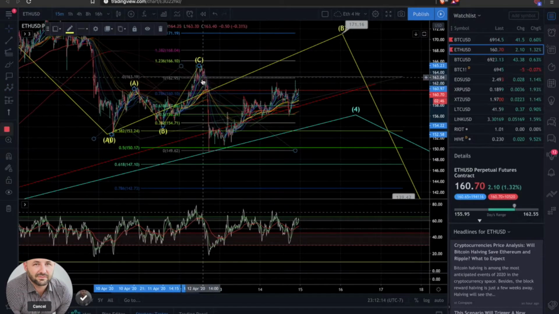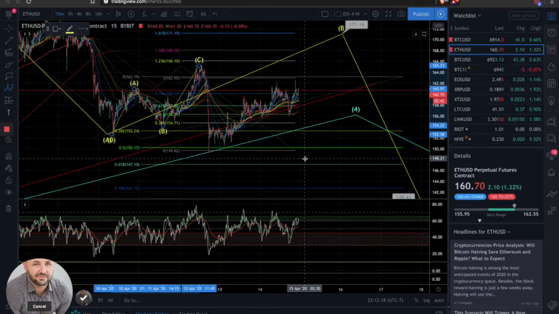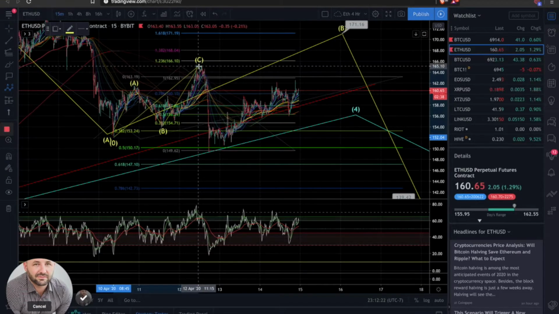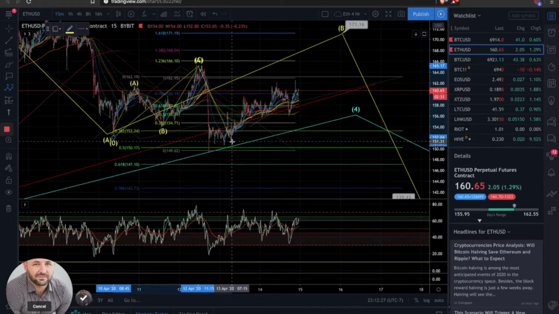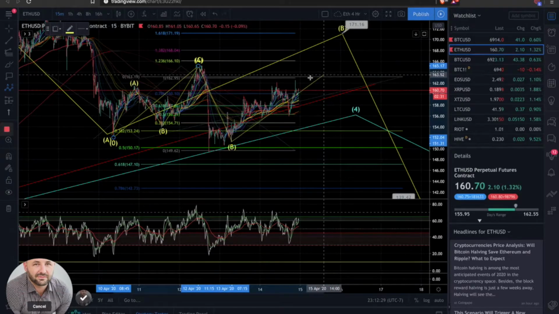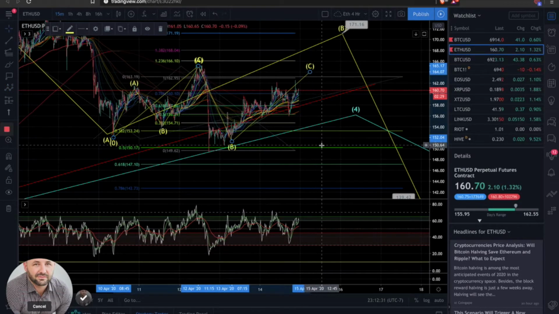And then we have a 5-wave move down. So a couple of different ways to look at this for ETH. This could overall be an A wave, come down for the B, and then up again for the C to create another flat.